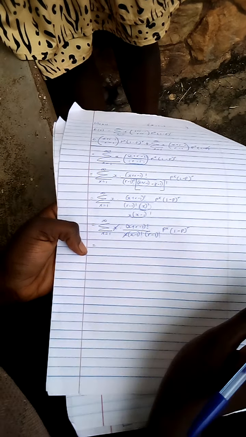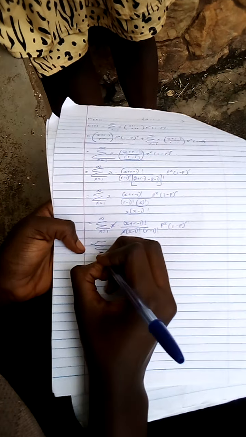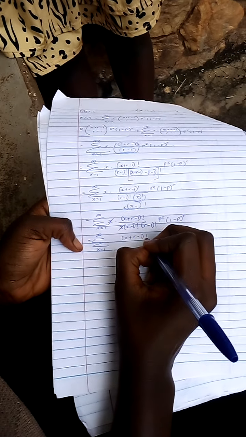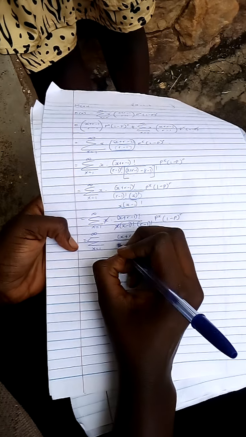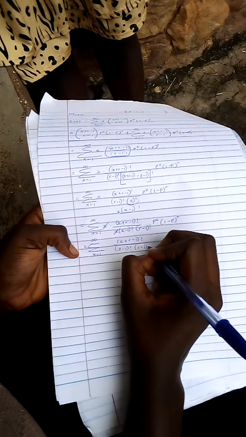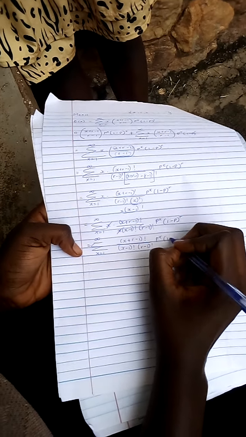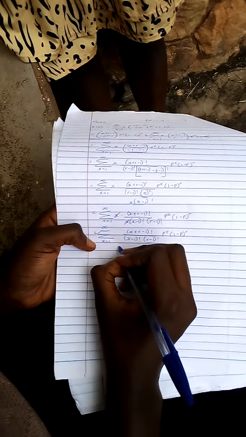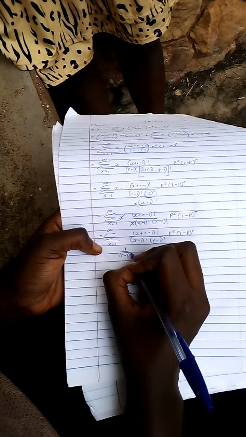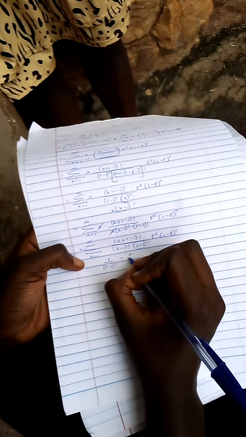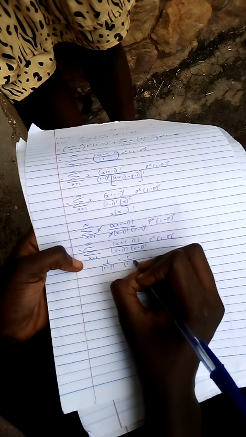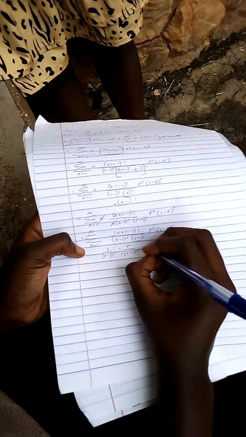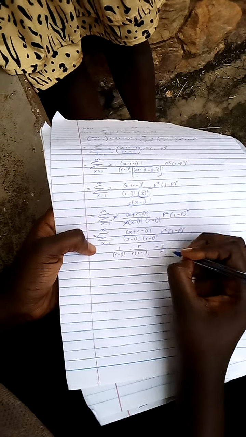Let me first write this. This 1 out of (r - 1) factorial can be written as r out of r times (r - 1) factorial, which is the same as r out of r factorial.